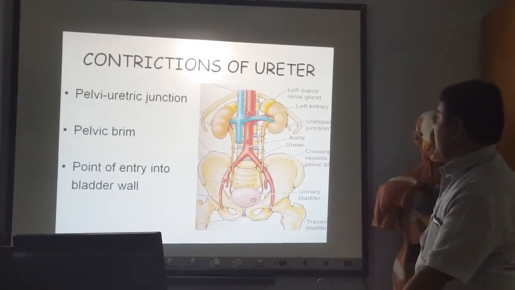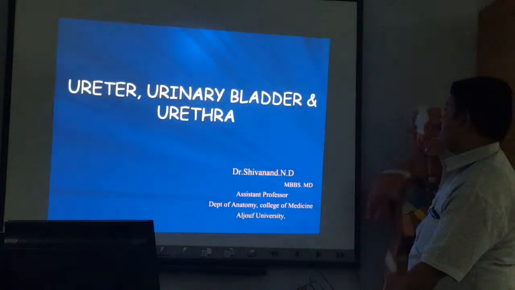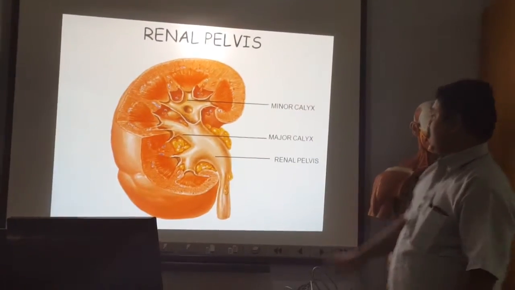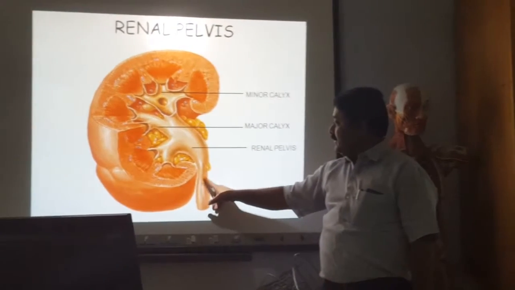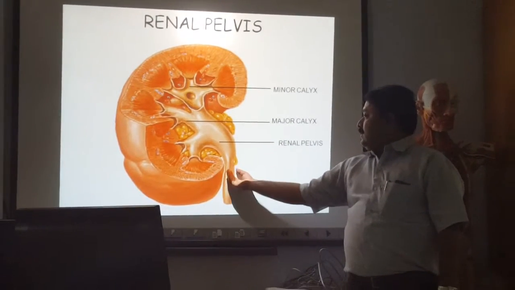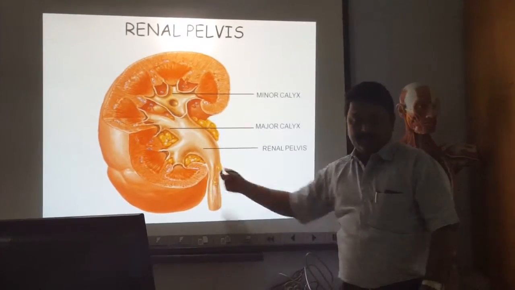So in the previous slide, you can see here, renal pelvis continues as a ureter. Here, the wall is narrowed. Okay, constriction.